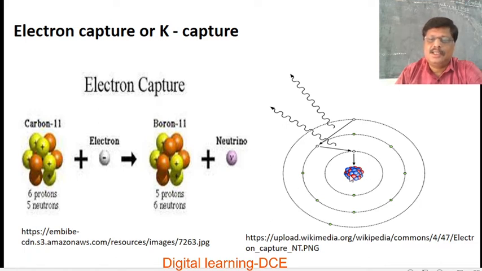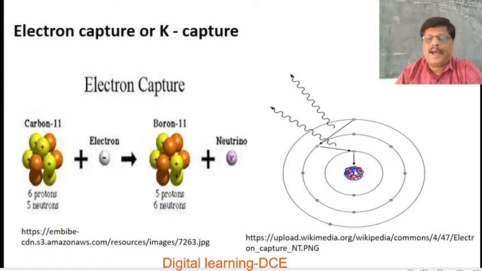Once again, this is the nucleus of the radioactive element. This is the K shell. Electrons are revolving in the K shell. So it absorbs or captures this electron. When it captures an electron, a vacancy is created here. This vacancy is occupied by another electron, and that difference in energy comes out as electromagnetic radiation or a gamma photon or neutrino.